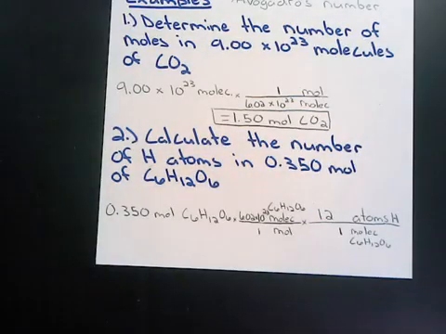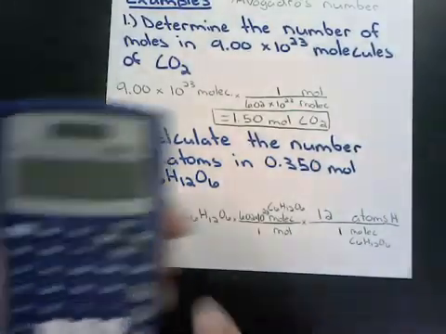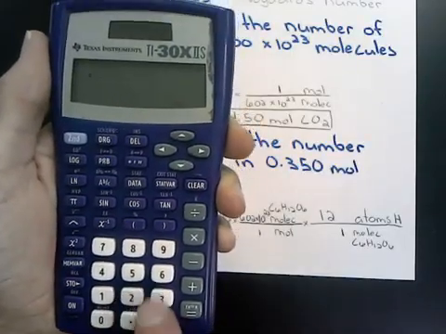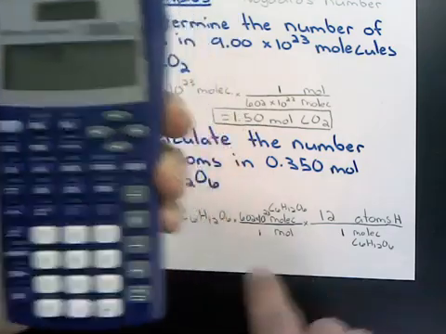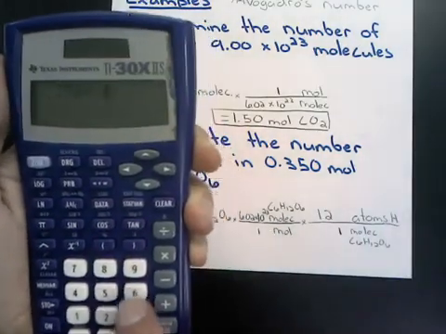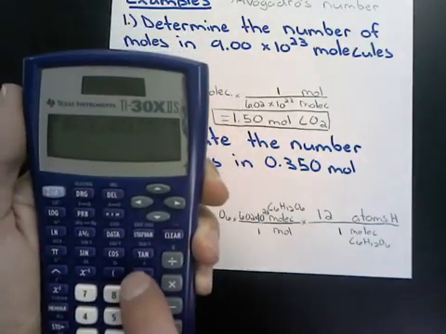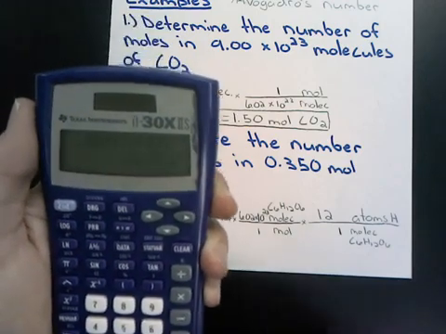So what we do here is this. We take 0.350, and we multiply it first by 6.02 times 10 to the 23rd, and we also multiply it by 12.